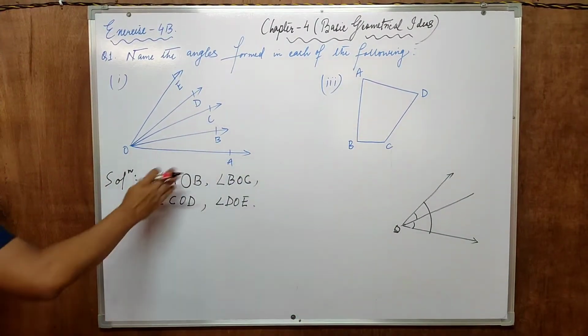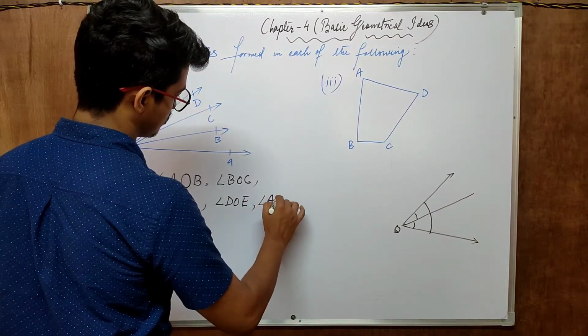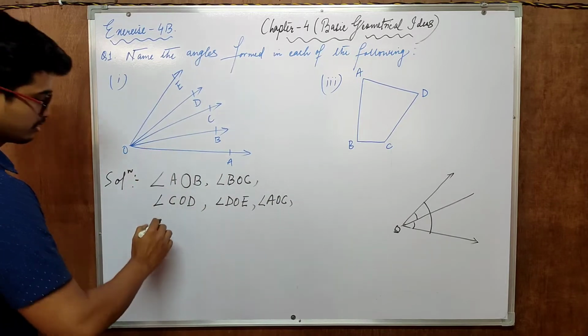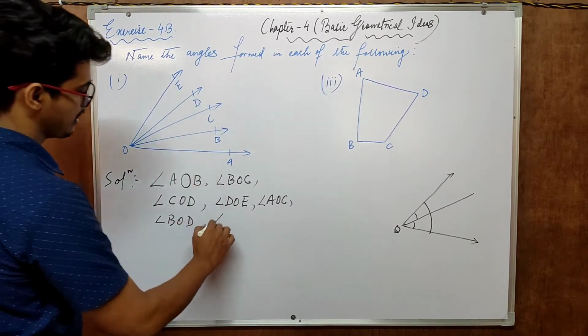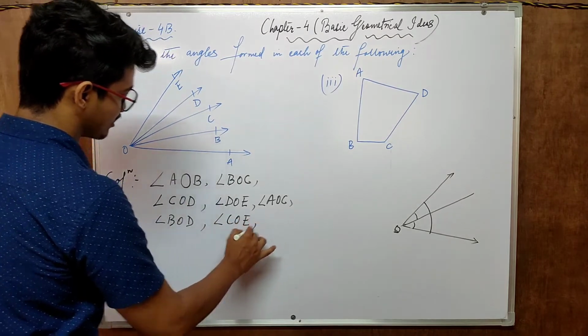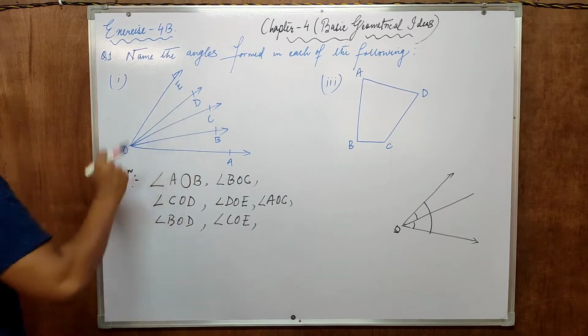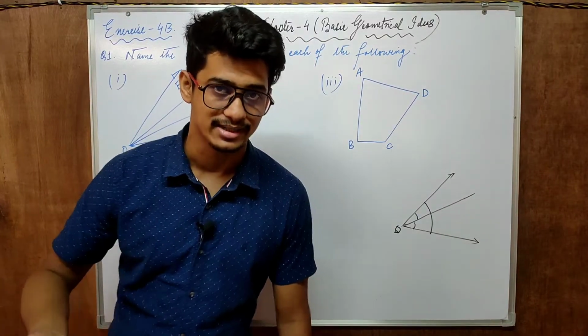So here, by looking at the figure, we can easily understand that angle AOC is also one angle. So angle BOD will be another angle. So angle COE will be another angle. After that, is there any angle left? Absolutely. Now angle AOD will be one. If you just observe it carefully, what exactly I did.